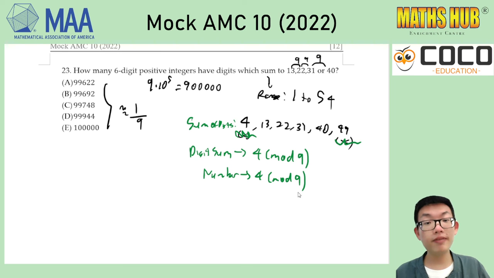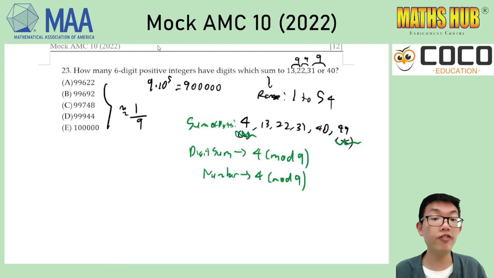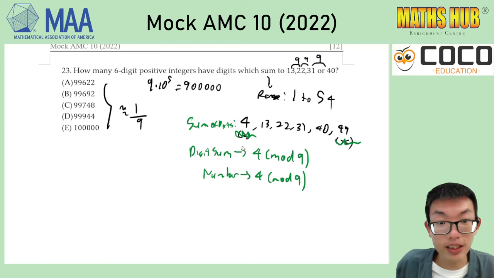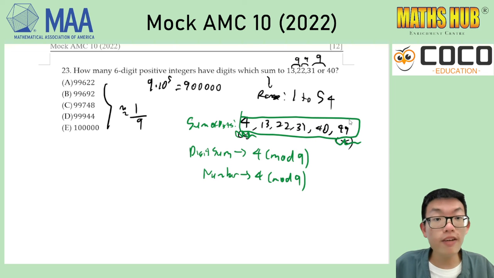Because the divisibility test for 9 tells you that the sum of digits is congruent to the number itself mod 9. They have the same remainder. And so the number itself is 4 mod 9, and that is 1/9 of my numbers. There are 900,000 of them, and so if I included all of these, it would have been 100,000.